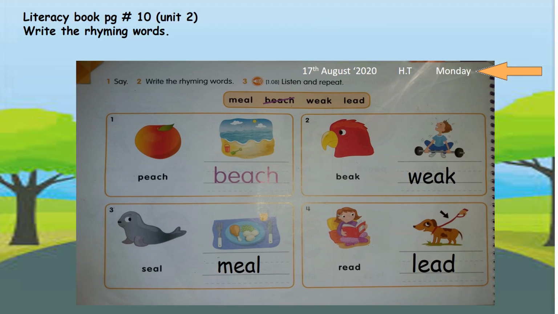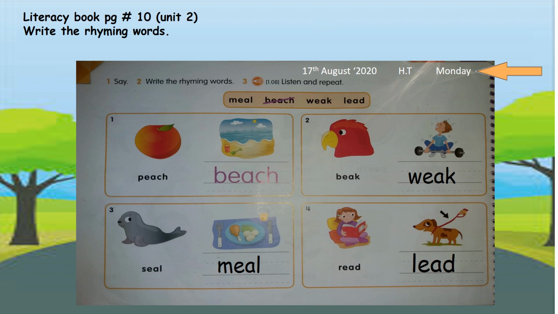Now children, take your literacy book and open page number 10. What you have to do here, you have to write rhyming words. Rhyming words are words that have the same ending sound, like cat, rat, jump, pump, yellow, mellow. These are the rhyming words.